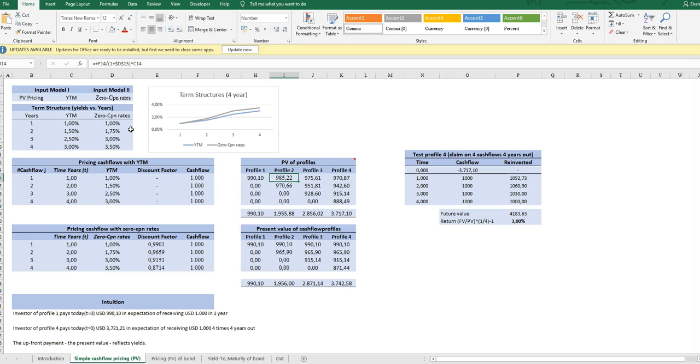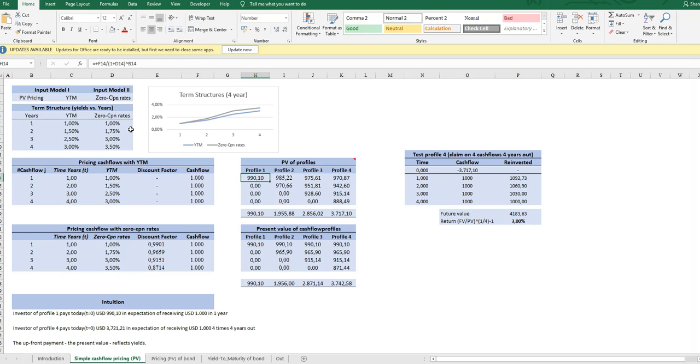So now what's the price, what's the PV of profile 1's claim on 1,000 1 year ahead? How much is he willing to pay for an expected cash flow of $1,000 1 year ahead? He is ready to pay that price that implicitly gives him the interest rate that he is interested in.